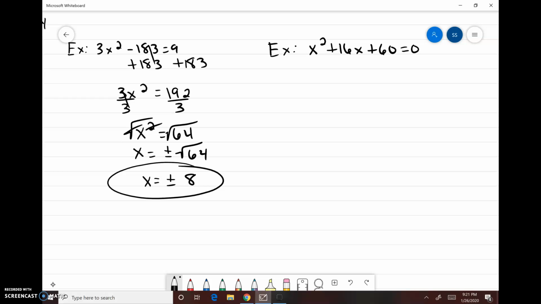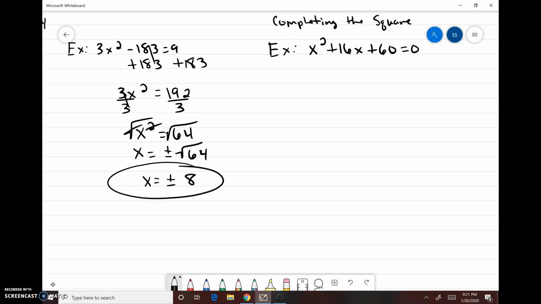Okay, the method we're actually going to do here is something called completing the square. So when we have this squared term with the x and then the x by itself in the middle, we can't just isolate the square term and use the square root property. We have to first do something called completing the square.